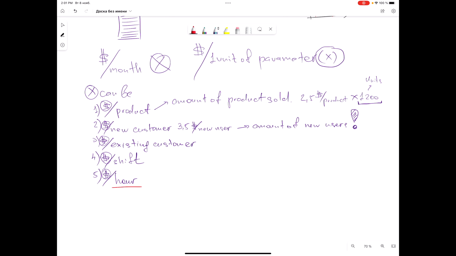And you have to calculate the natural amount of these parameters to calculate in money the amount of direct expenses.